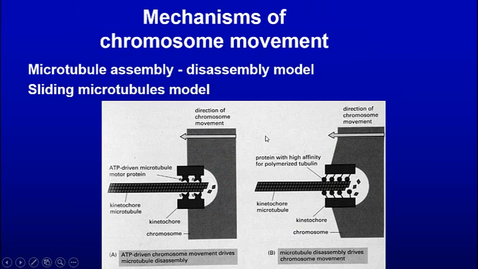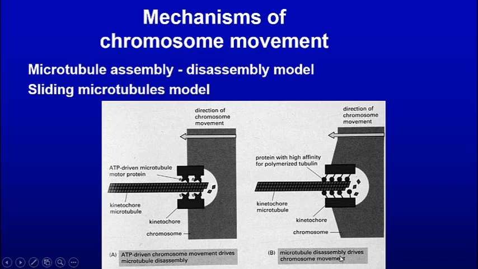And so there's basically two models for pulling the chromosomes apart. One is that you have the microtubules attached to the kinetochore, and ATP-driven chromosome movement drives the disassembly. So as the thing moves along, it disassembles, and the path moves along after it.